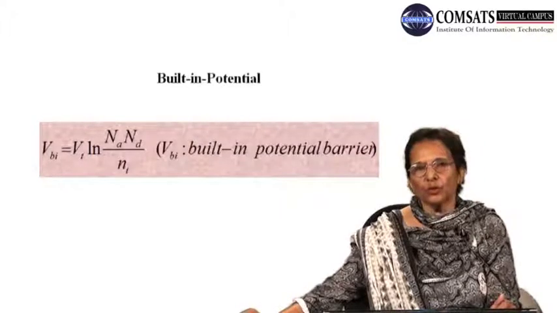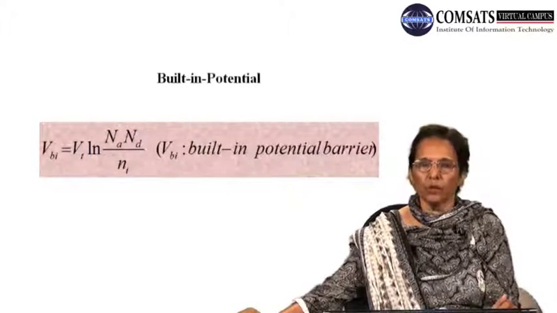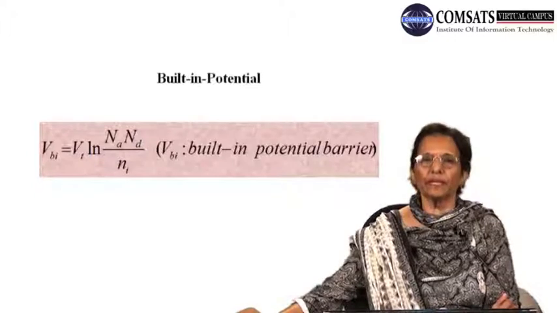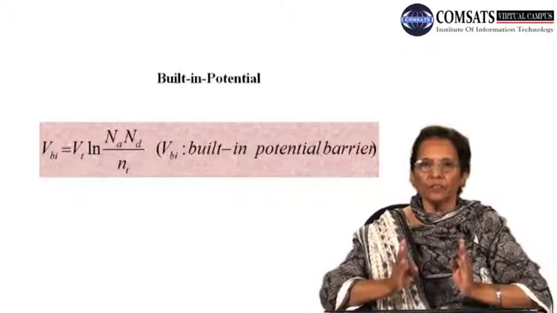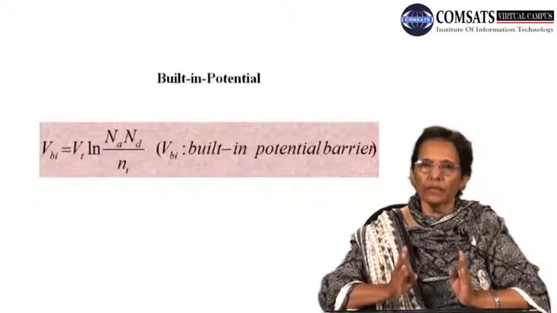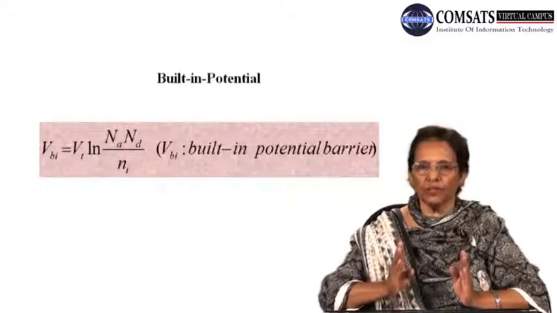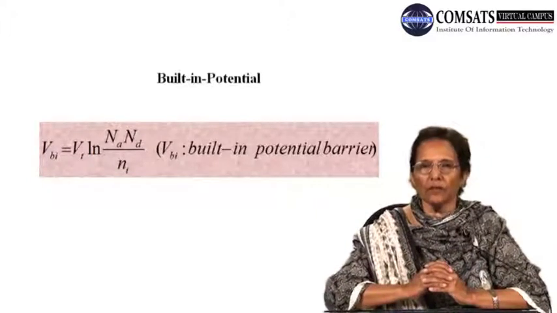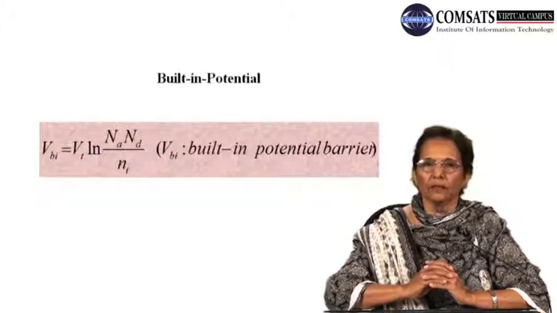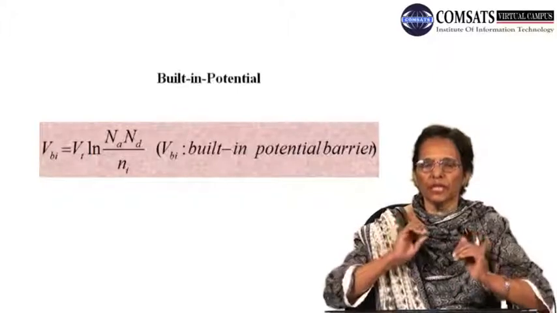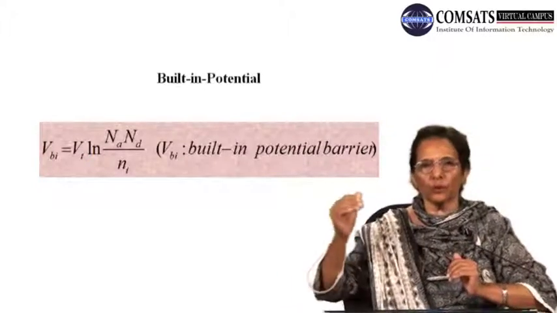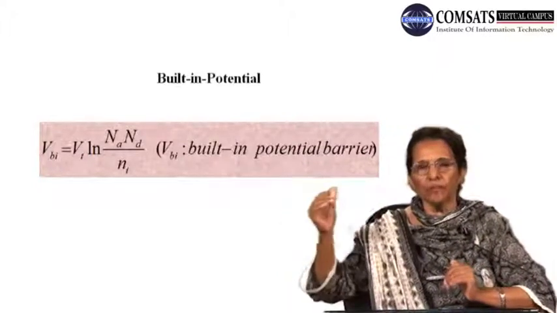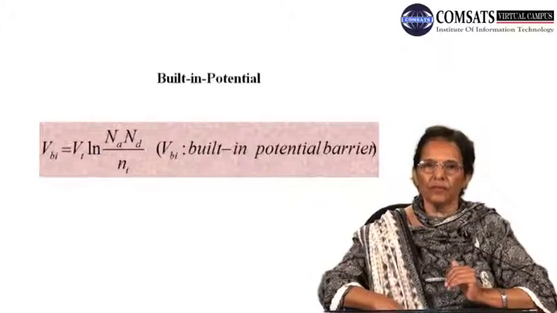Let me come back to the built-in potential again. Now I have given you a mathematical relationship for how the built-in potential is expressed. Quantitatively, we described the existence of the built-in potential due to the uncovering of the ionized donor ions and ionized acceptor ions when the majority electrons diffuse from N to P, or the majority holes diffuse from P to N. On the P side, they leave behind negative acceptor ions.